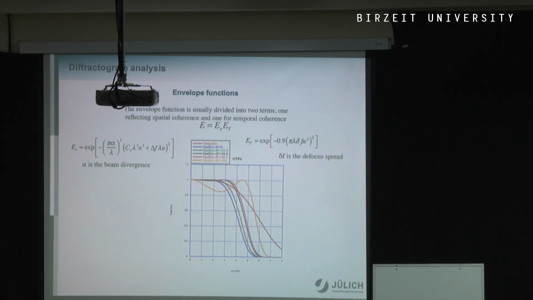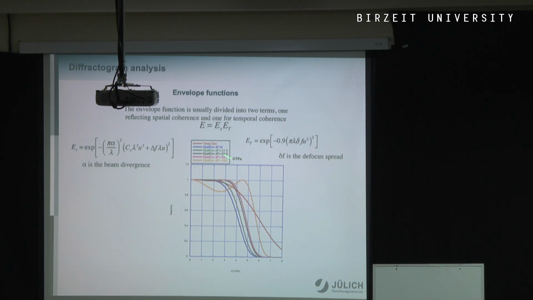There are envelope functions as well, and this is why the contrast dies off at high spatial frequencies. There are two envelope functions. One corresponds to the finite size of the electron source. There's an expression here which depends on objective lens defocus, which I won't go through in detail.